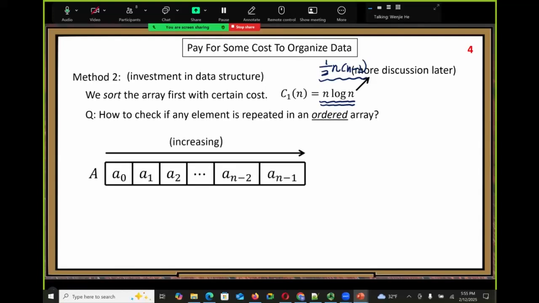Let's imagine our array is in ascending order, increasing order. How to check if an element is repeated in an ordered array?